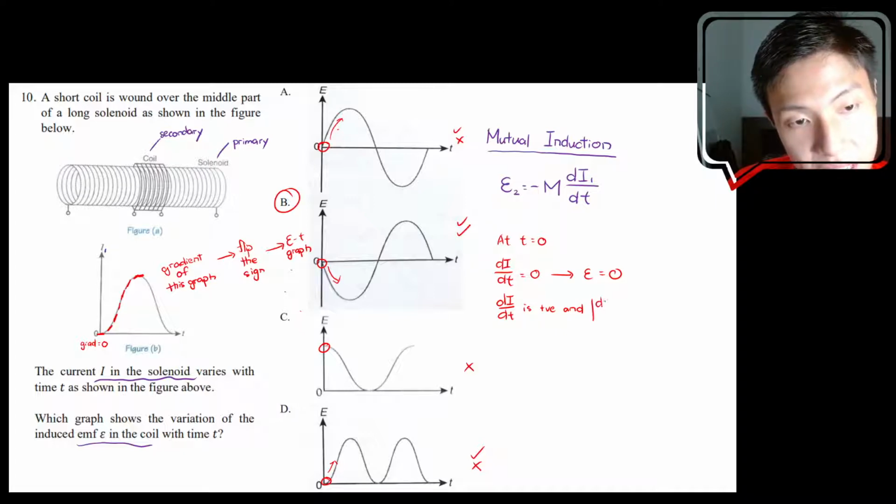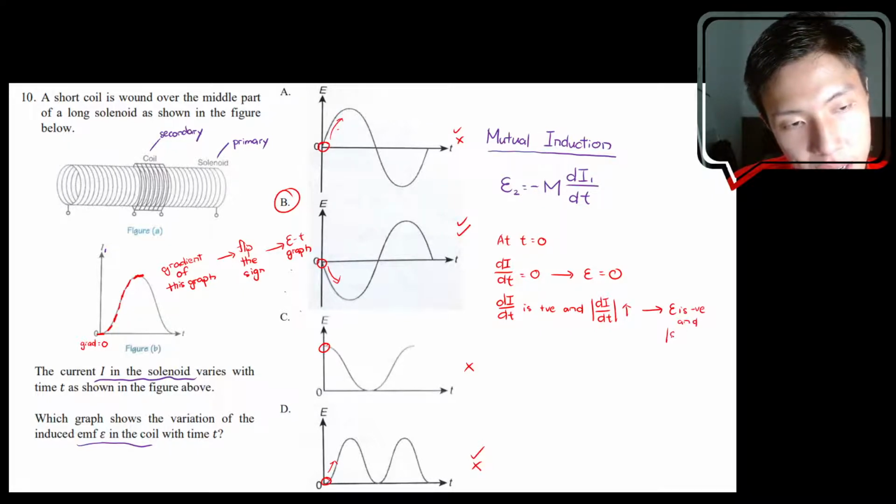You can say di dt is increasing. Therefore, you can see that epsilon is negative and the absolute value is increasing.